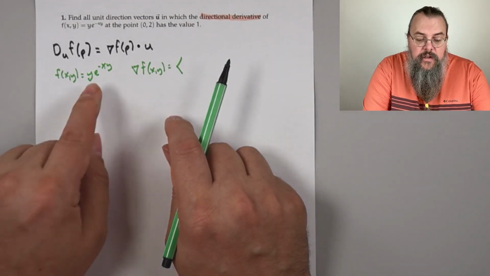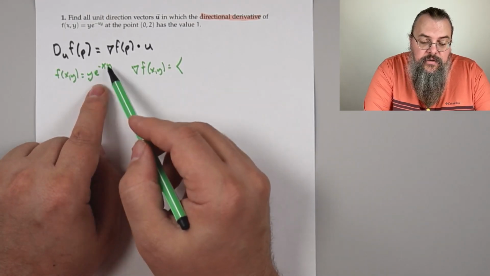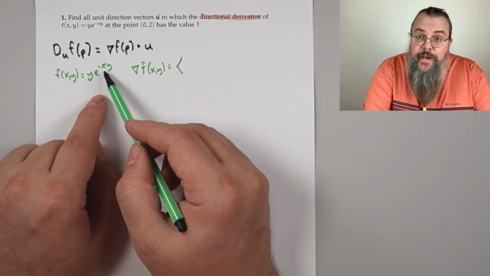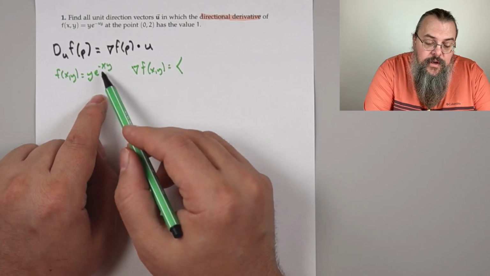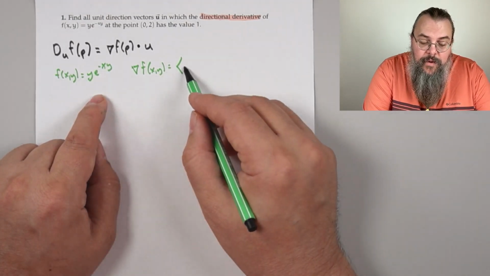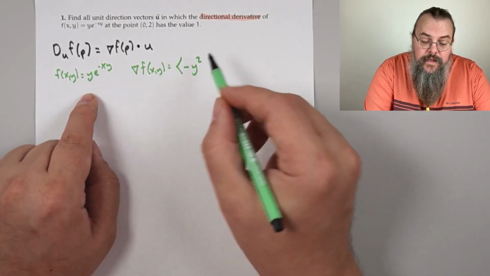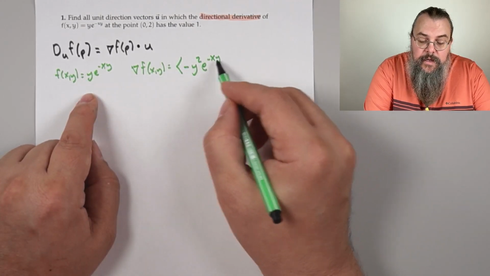So we take the derivative with respect to x. The y's are treated like constants. There's only one x, and when we take the derivative, this minus y comes down. So we get minus y squared, right? Minus y times y, e to the minus xy.